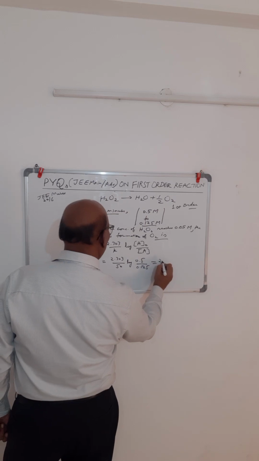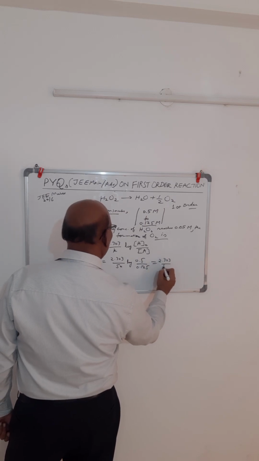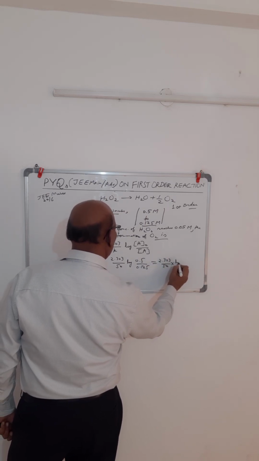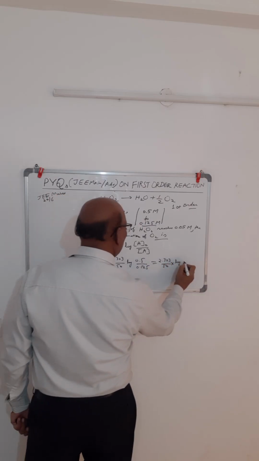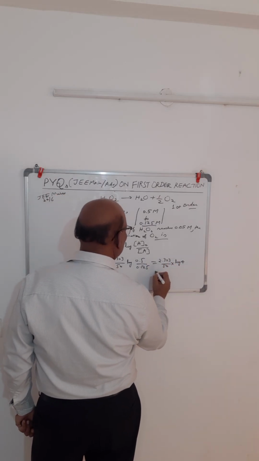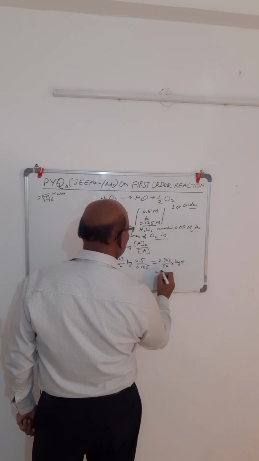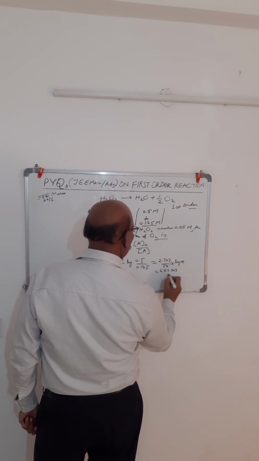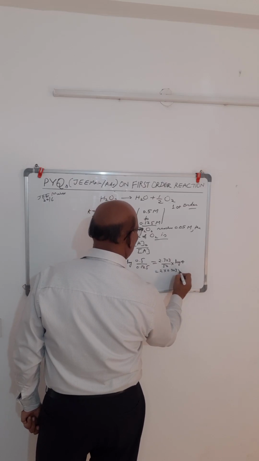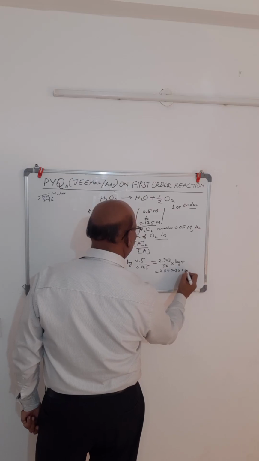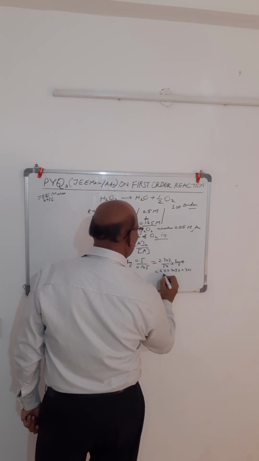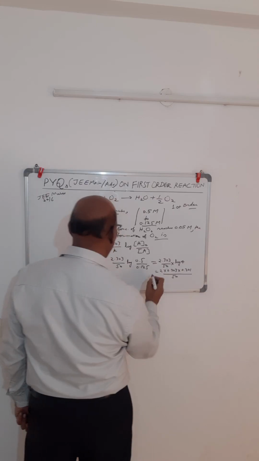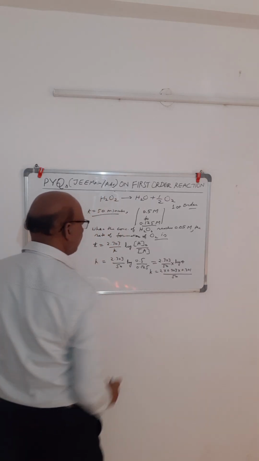So this will be 2.303 upon 50 into log of 4. Okay, so this will be 2 log 2, that means 2 into 2.303 into log 2. Log 2 is 0.301 divided by 50. So that is the value of K.